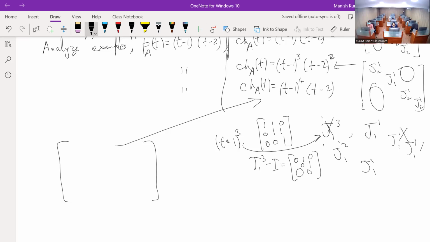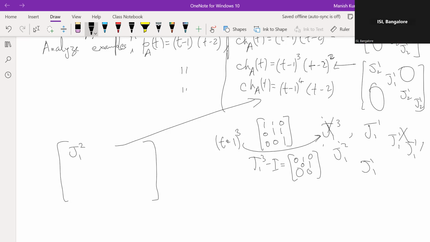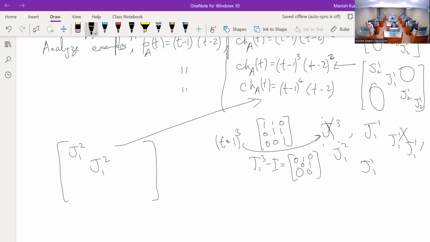J12, J12, J21 and J21, or J12, J11, J11, J21, J21.